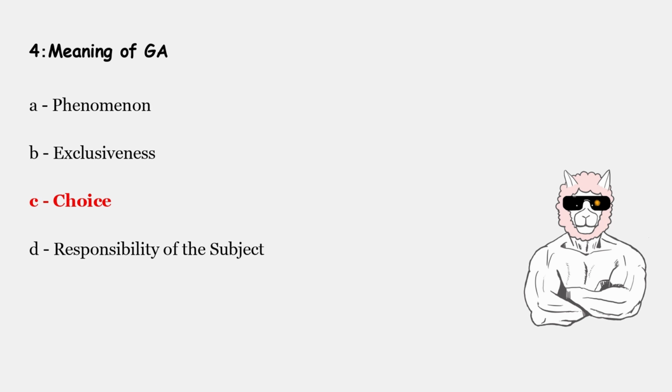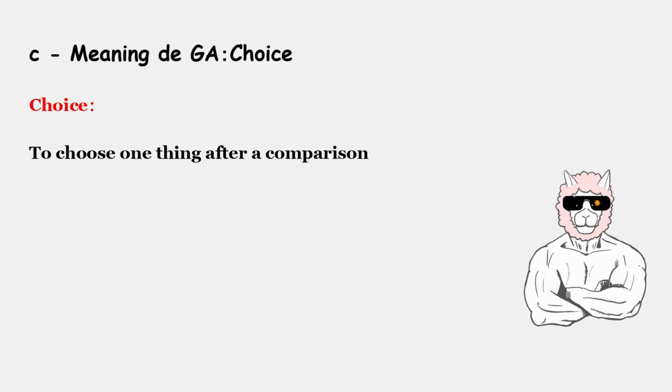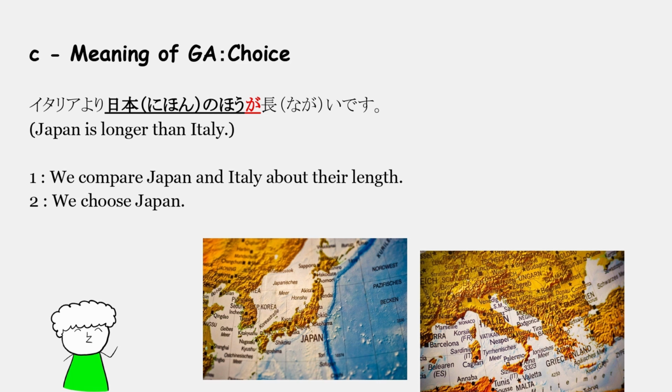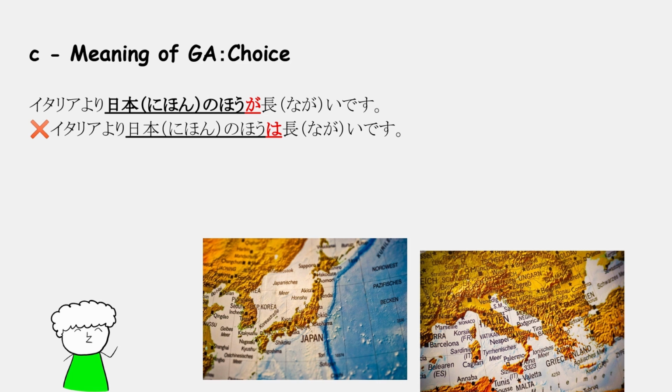The third, ga of the choice. The choice here means to choose one after a comparison. For example, イタリアより日本の方が長いです. We use ga here because firstly we compared Japan and Italy about the length, and then we choose Japan. We can't say like イタリアより日本の方は長いです.